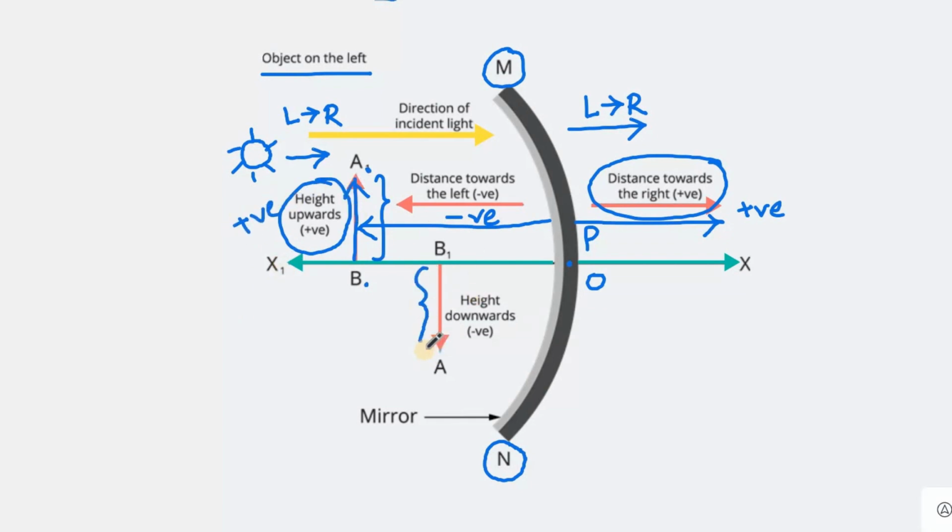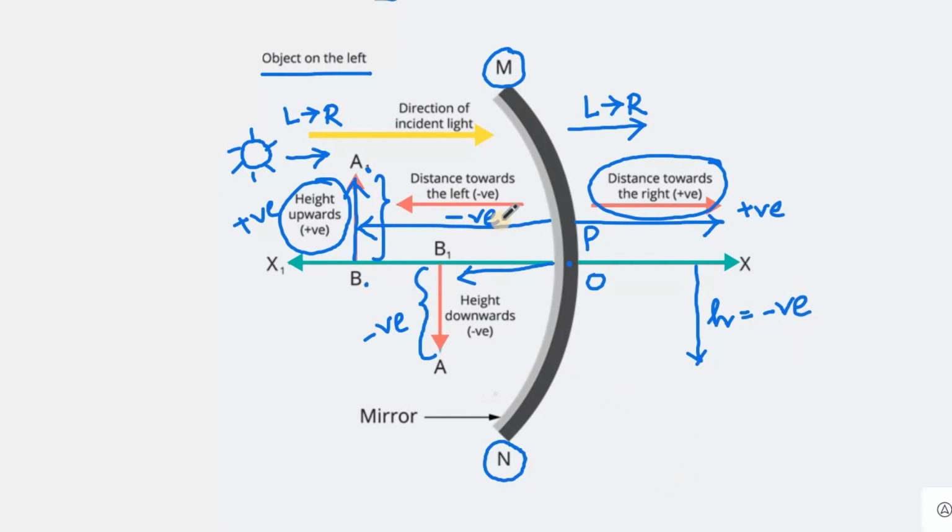Similarly, any height measured downwards from the principal axis is a negative quantity, whether it is in front of the mirror or the optical device or formed on the other side. This height would always be a negative quantity since it's lying below the principal axis.